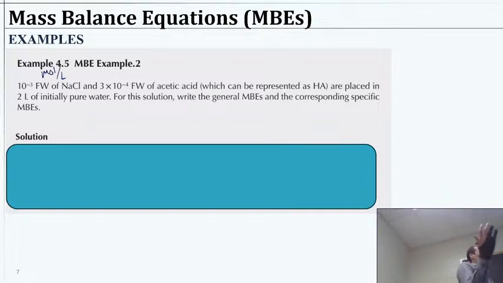But as soon as we add it, it dissolves, so it's no longer NaCl, so the book's just being fancy and saying formula weight. And 3 times 10 to the minus fourth moles per liter of acetic acid, which we're going to call HA.